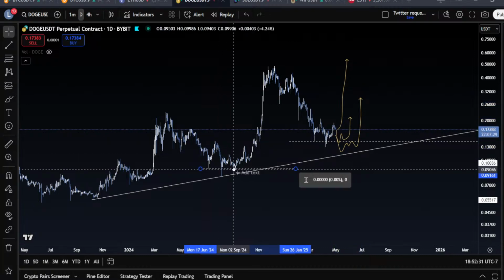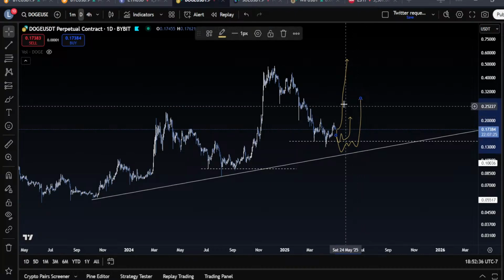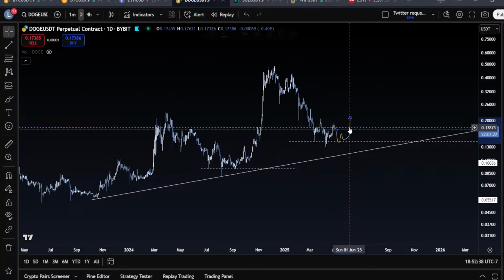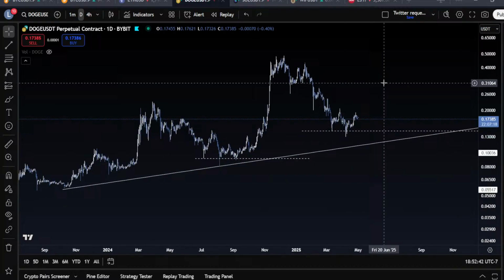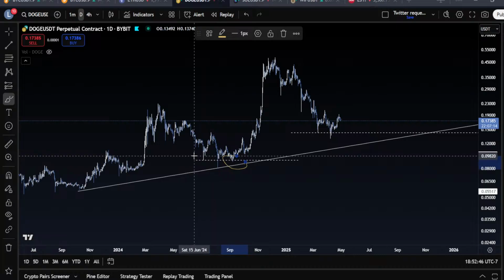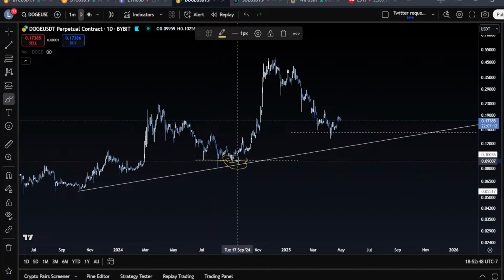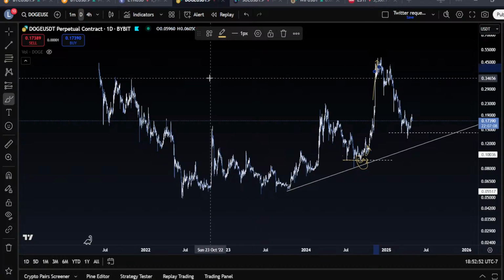I got a comment today where someone said it seems like you're only interested in short setups and you don't bull post. But I was literally bull posting the shit out of Doge here. I'm somebody who's traded this towards 42 cents.